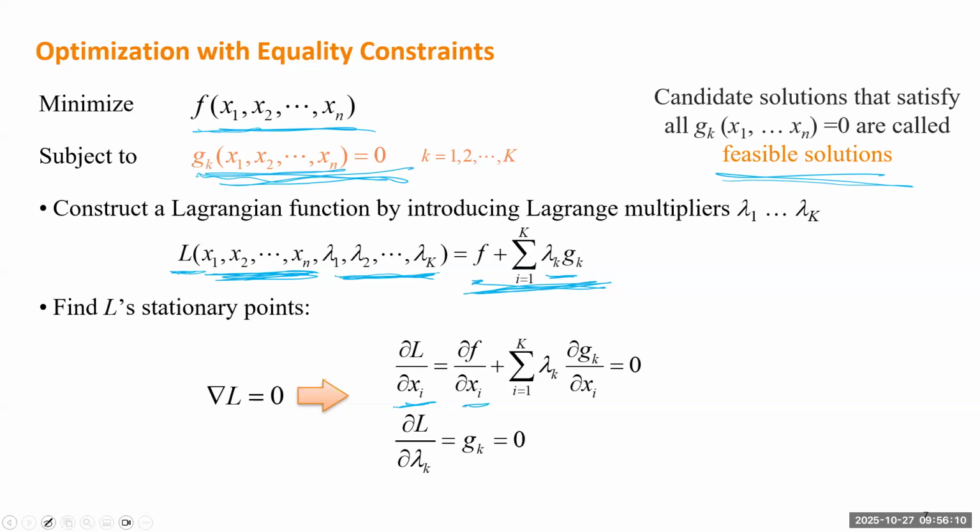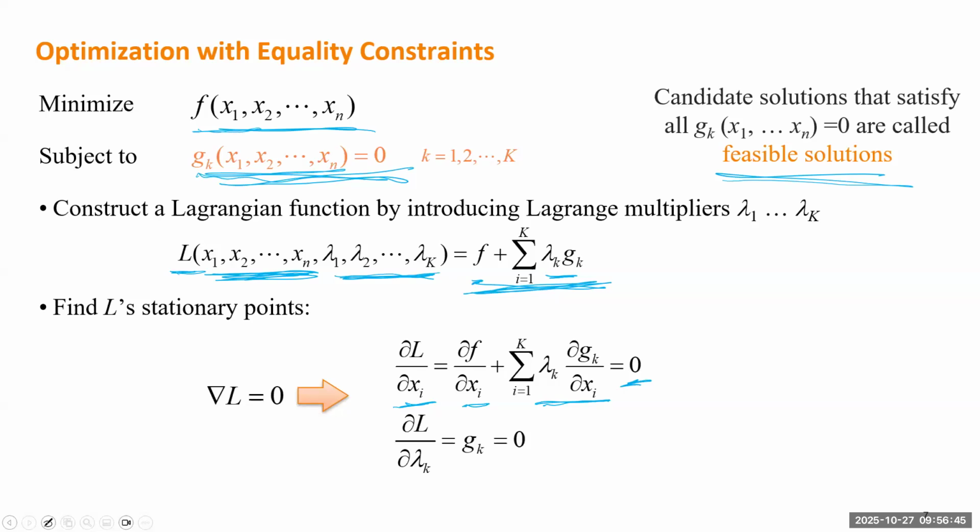The first one is partial F partial X. The second item is the first-order derivative with respect to that X of the sum of the prices of violation, which is a linear combination of each equality constraint with respect to that X, and this has to be 0.